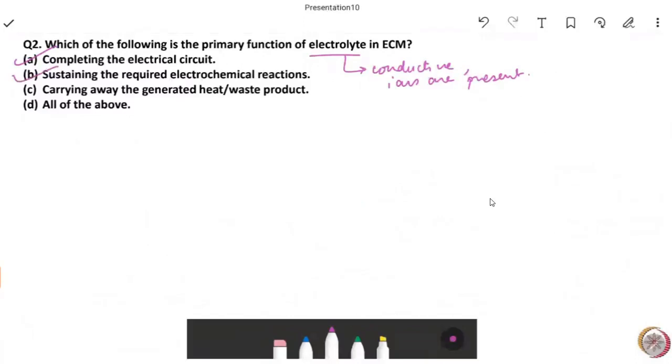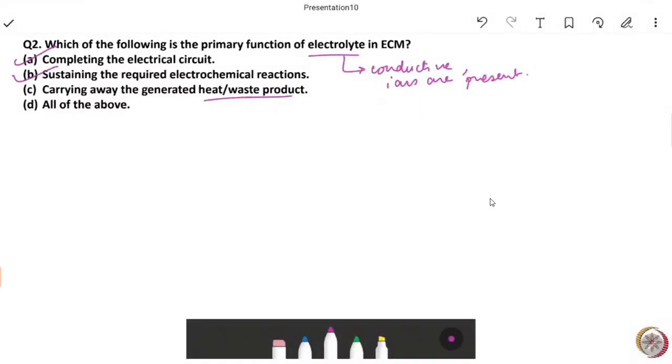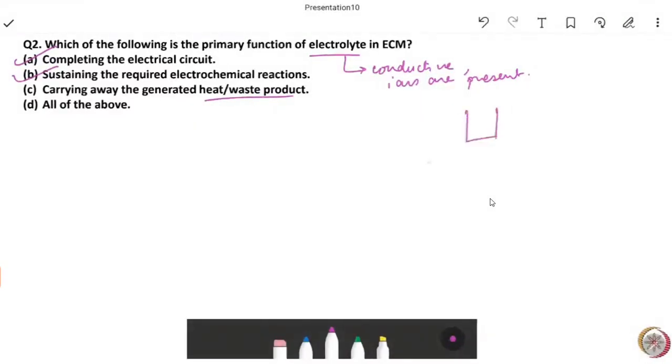Carrying away the generated heat or waste product is also a correct option because the electrolyte is in liquid state, and as we are flowing it between the tool and the workpiece, due to this flowing motion it is carrying away the heat generated here and on the tool due to the electrochemical reactions.